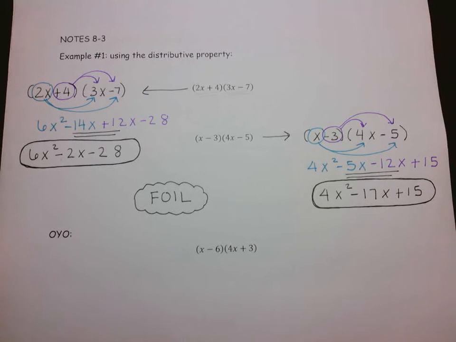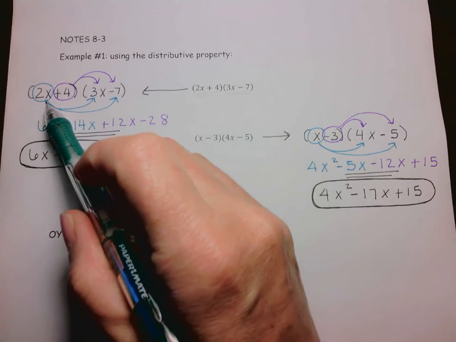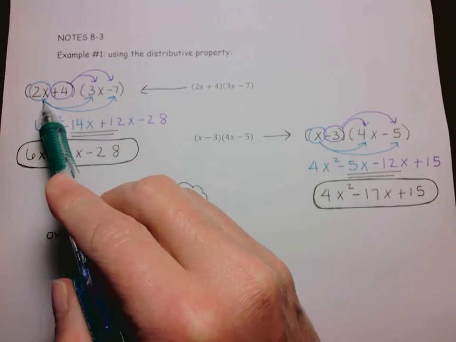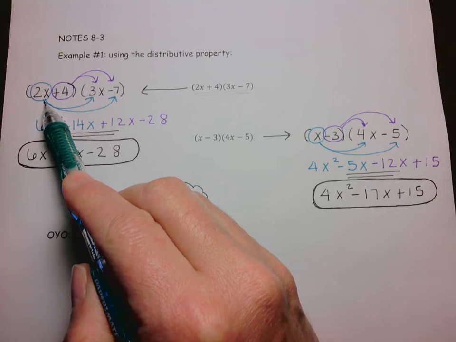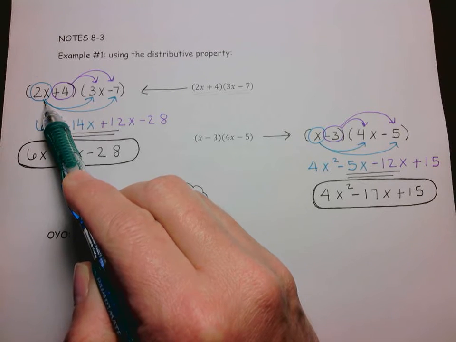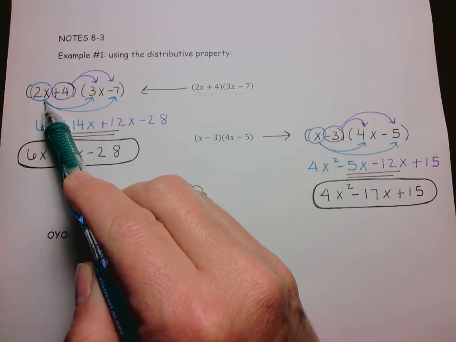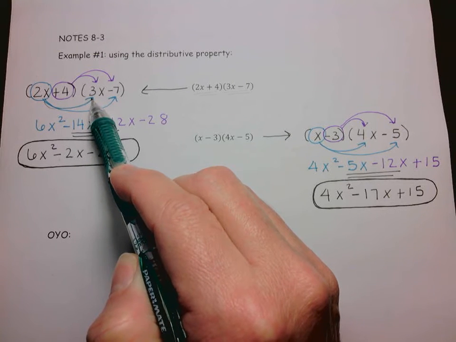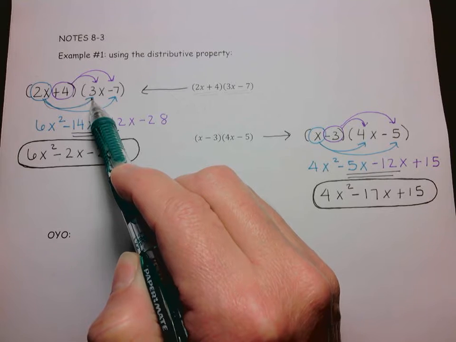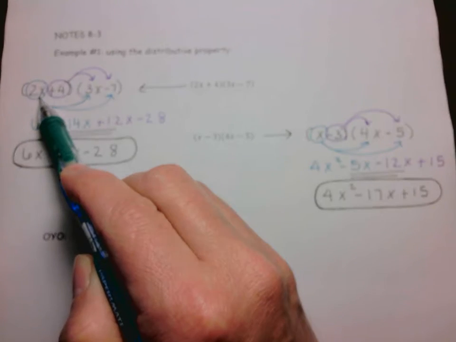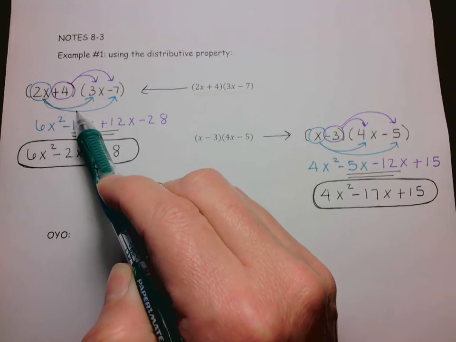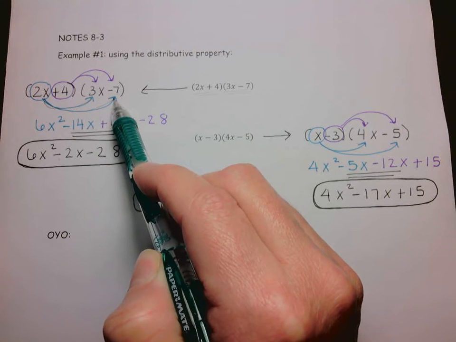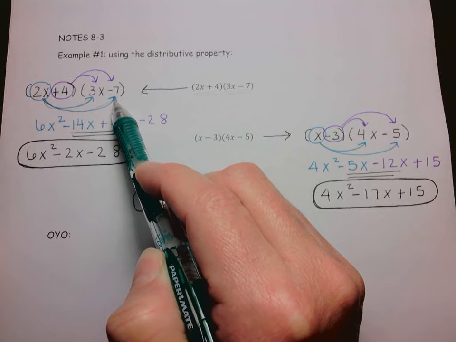So this is what I suggest you do. Use colors if needed and start by circling out the first term. So my first term here is 2x. So I'm going to take this 2x and I'm going to multiply it with the first term over here in the second binomial, and then I'm going to take the 2x and I'm going to multiply it with the second term in this second binomial.